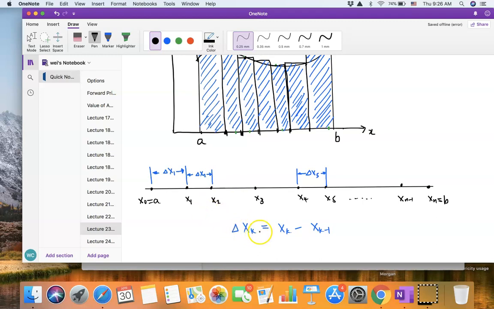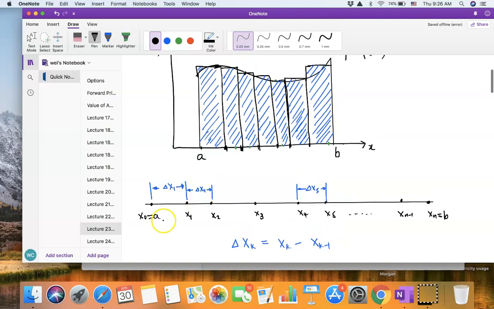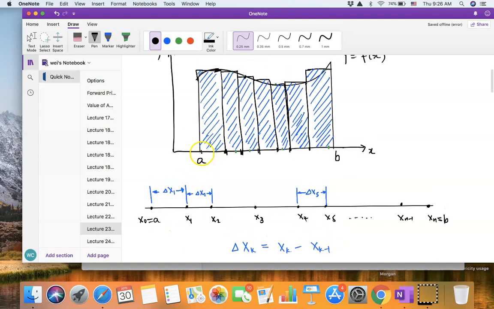Delta x sub k is the difference between x sub k and x sub k minus 1. Like we said, the first point A we let be x0, and the next point will be x1. So the width of the first rectangle is the difference between x1 and x0, and we use the notation delta x sub 1 to represent it.